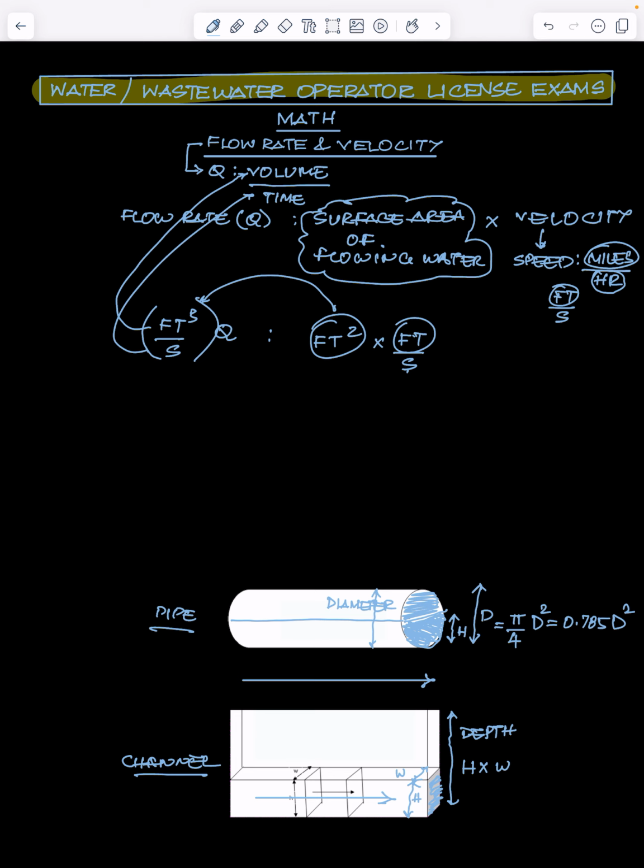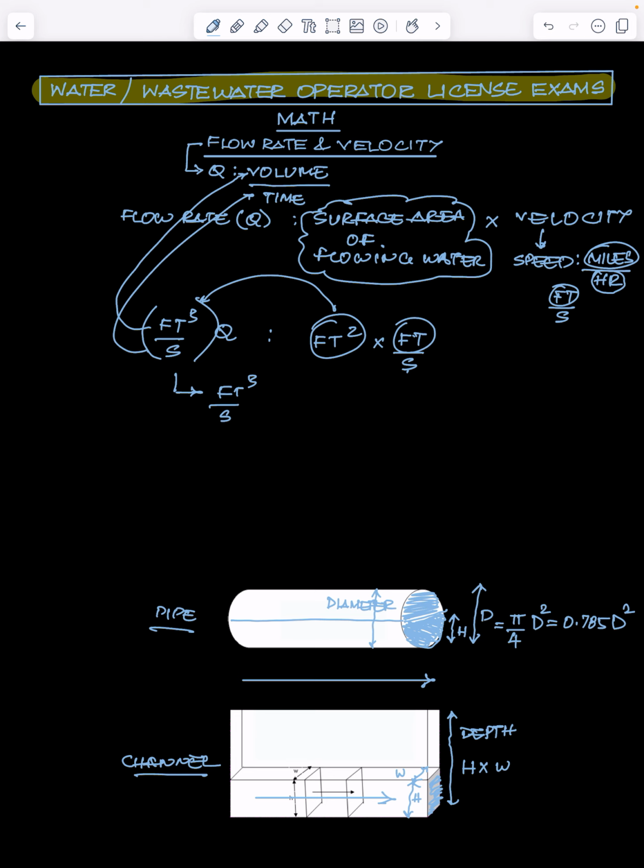One more thing is that here we are representing flow in the unit of cubic feet per second. There are other units that are utilized in water and wastewater math problems.